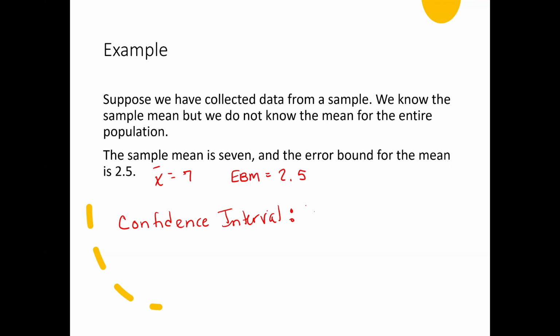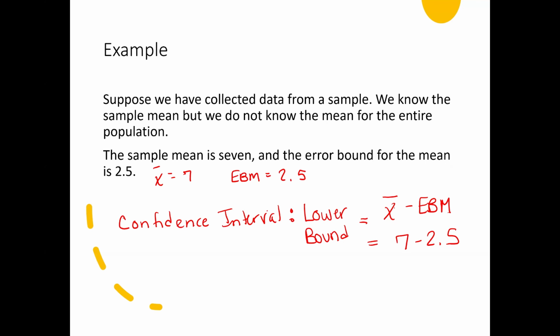So the confidence interval's lower bound, lower limit, whatever you want to call it, is equal to the mean. Actually, let's write that formula down. The mean minus the error bound of the mean. So it's going to be what? 7 minus 2.5? So what's the lower limit of our confidence interval?